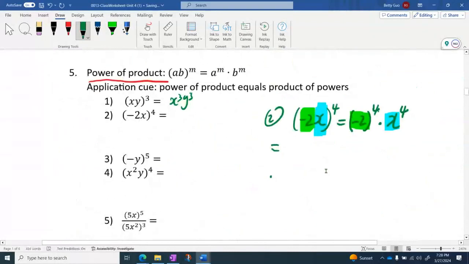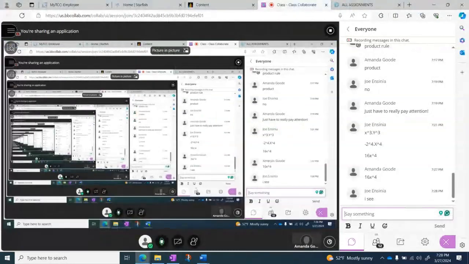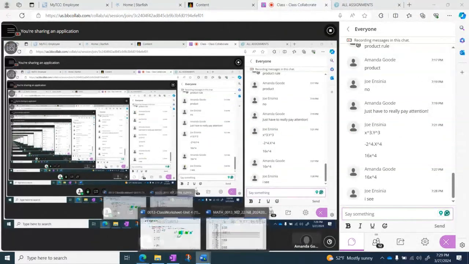It's -2 times -2 times -2 times -2. So 16 times x to the power of 4. That is the answer. Positive 16 times x to the power of 4. Awesome. Very good.